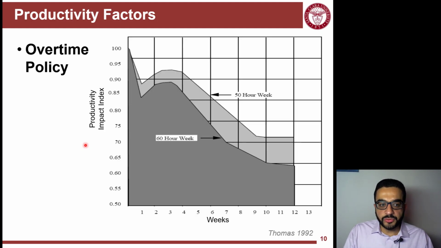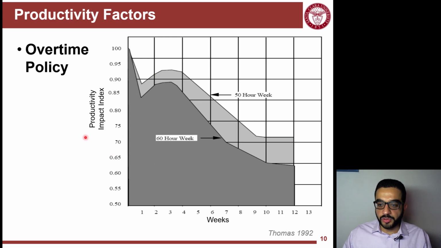The next factor we consider here is overtime. So the regular schedule is expected to be 40 hours per week. When you have overtime, then exceeding that, there are different kinds of standard overtime policies, 50 hours per week or 60 hours per week.